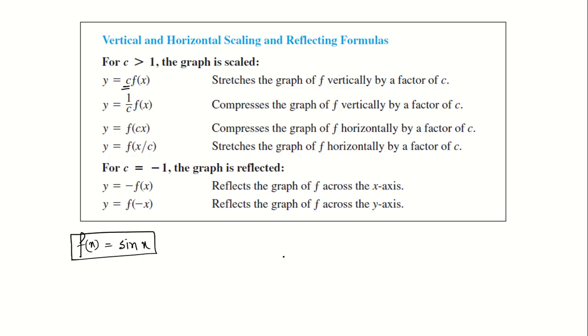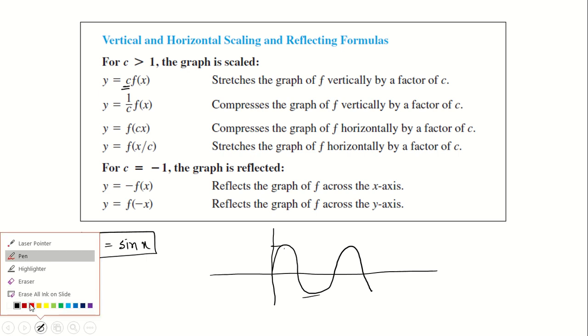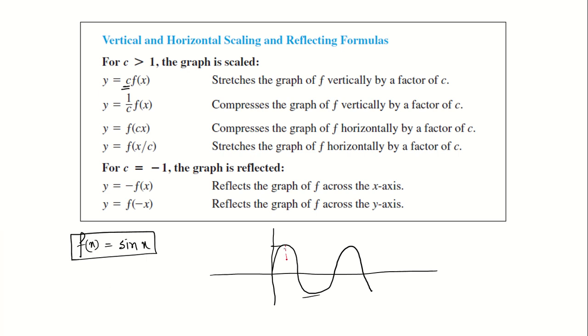What is the graph of this sine function? It is a wave, and it starts from the origin point, just like this. So here, this one is called the amplitude.